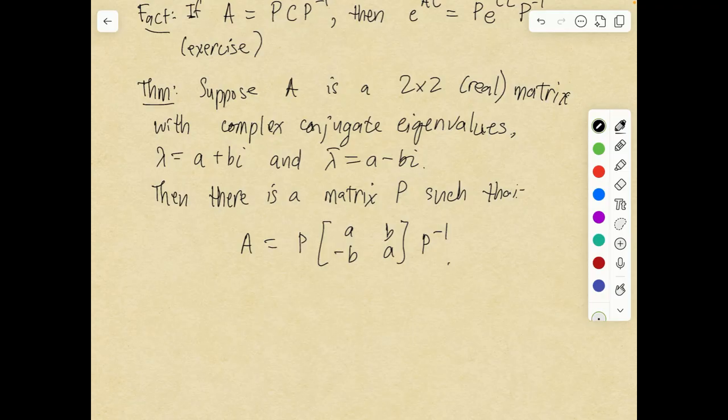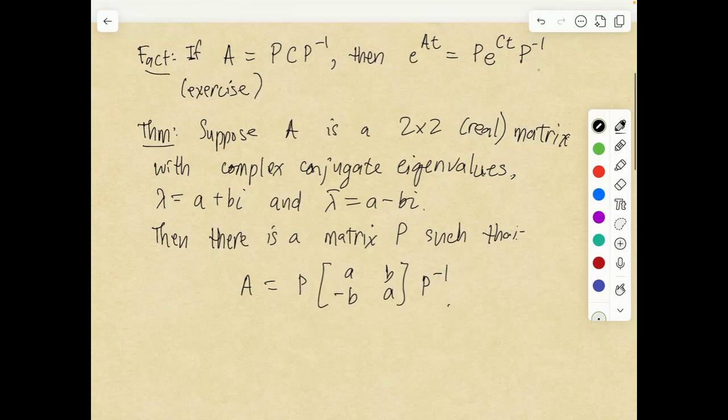So why do we want to work with P C P inverse? Well, because we've seen that the matrix exponential e to the At solves the differential equation x prime equals Ax. So you want to calculate e to the At. And if you can write A as P C P inverse, we see from this fact above that you can calculate e to the At as long as you know what P is and as long as you know e to the Ct.